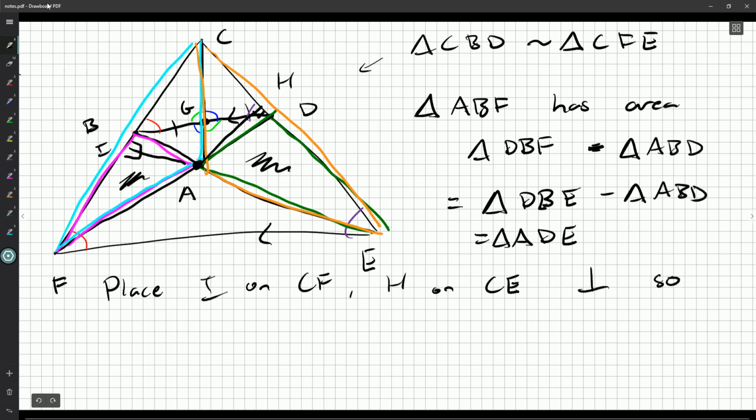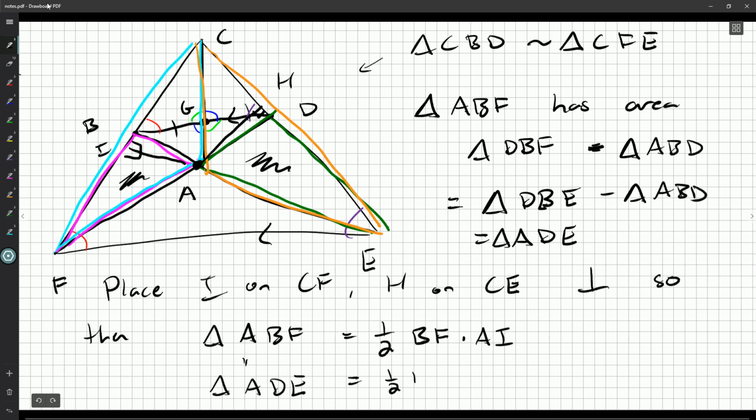Perpendicular. So then triangle ABF has an area of 1/2 BF times AI, but this is the same area as triangle ADE, which is 1/2 DE times AH.